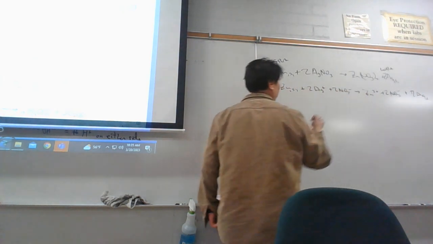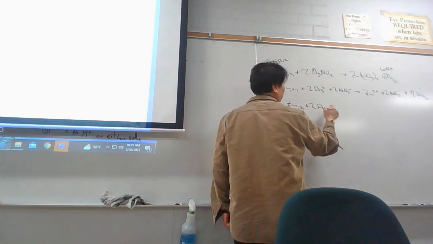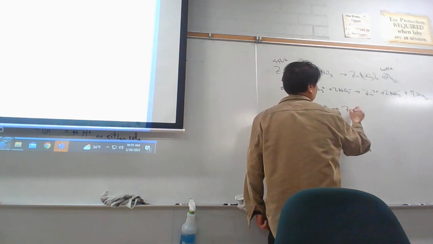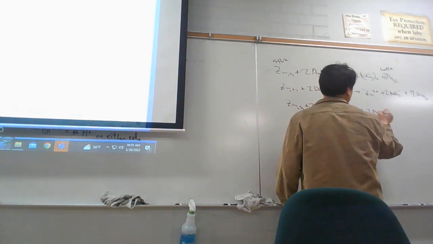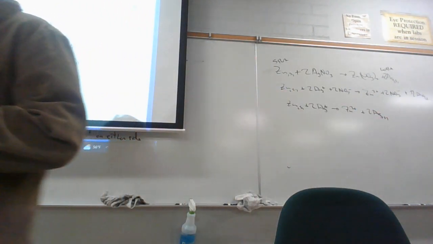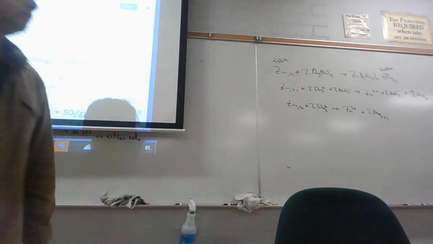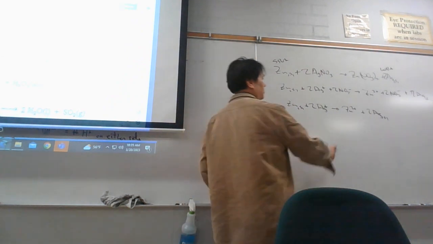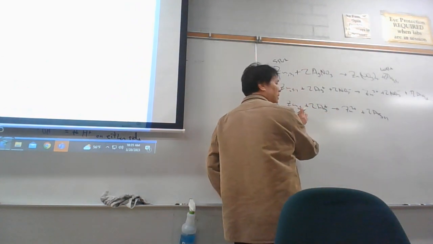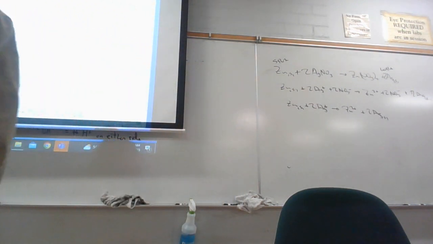The spectator will be nitrate, and so we'll have Zn solid being attacked by 2 silver ions to form Zn2+ plus 2 silvers. So we predict a precipitate of silver metal. That's what we should see, a precipitate of silver metal, and the zinc metal should start to be eaten away, reacted.